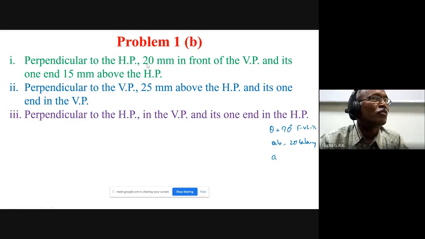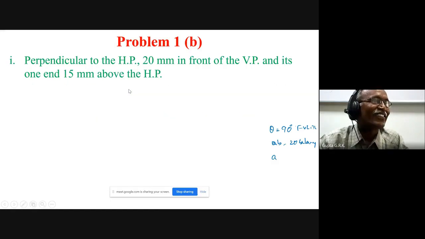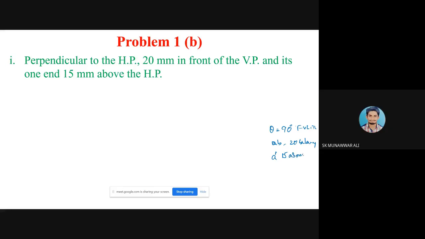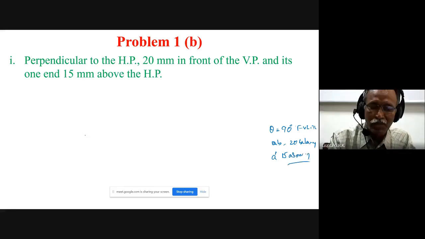First question. Perpendicular to HP, 20 mm in front of VP, and one end 15 mm above HP. One end 15 mm above HP means A dash is 15 above XY. So first I have to draw XY.